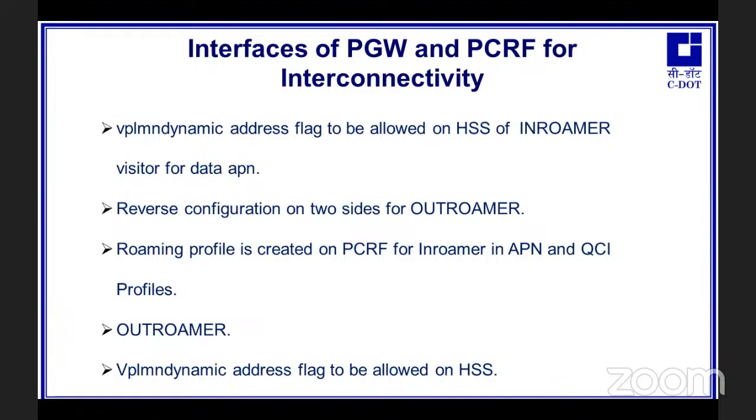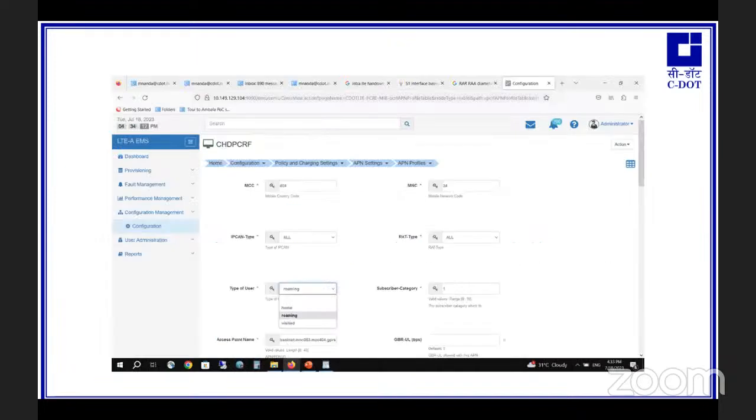If it is allowed, it will connect to the visited network PGW. If the flag is false, then it will be home routed. Normally the VPLMN flag is given as false for the data APN and true for the IMS APN. So this needs to be allowed in HSS.